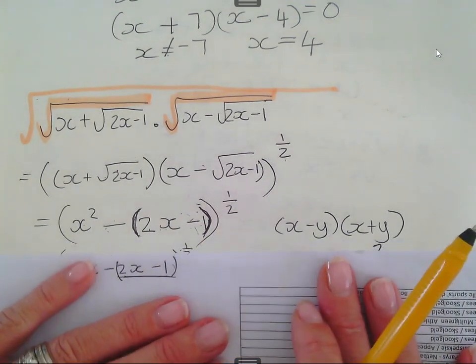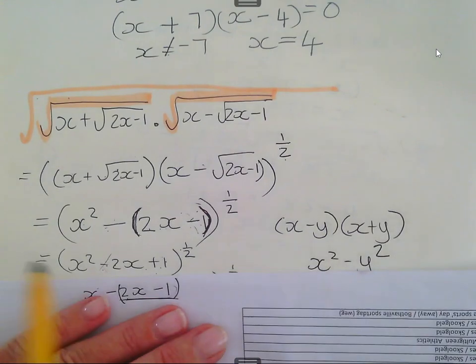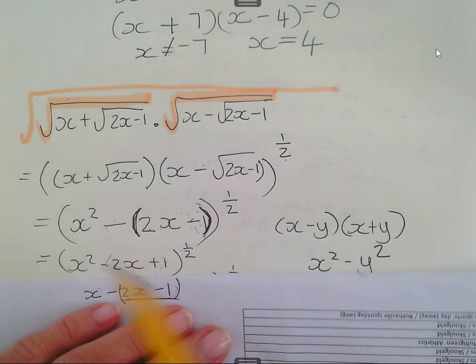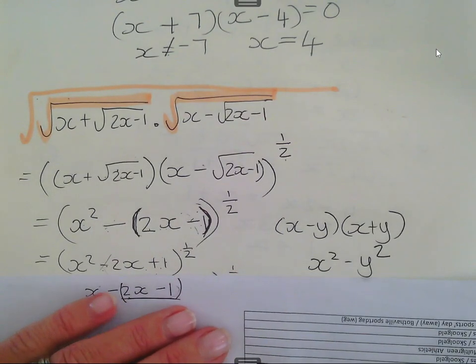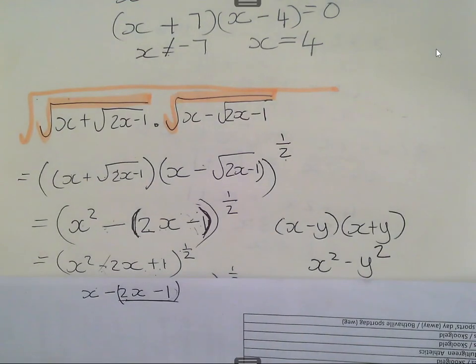So when I multiply that negative into the bracket, it becomes x squared minus 2x plus 1. Do you see that I have not done anything that we haven't done this term?